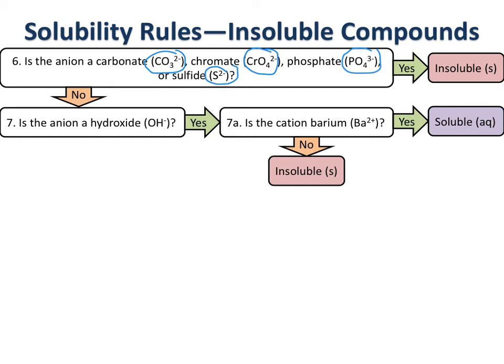If the answer is yes, then the compound is insoluble. If the answer is no, then go to question 7. Question 7. Is the anion hydroxide? If the answer is yes, then go to question 7A. If the answer is no, then the compound is partially soluble.